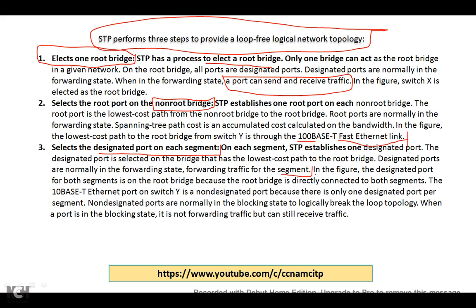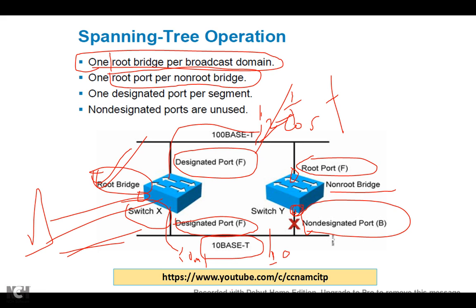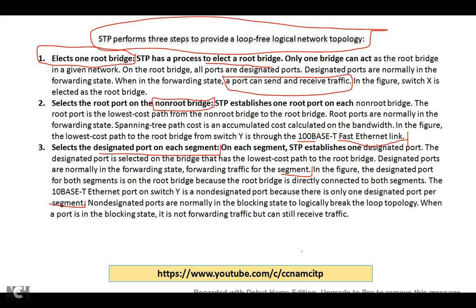In this example, the designated port for both segments is on the root bridge, because the root bridge is directly connected to both segments. The 10 BASE-T Ethernet port on switch Y is the non-designated port, because there is only one designated port per segment.